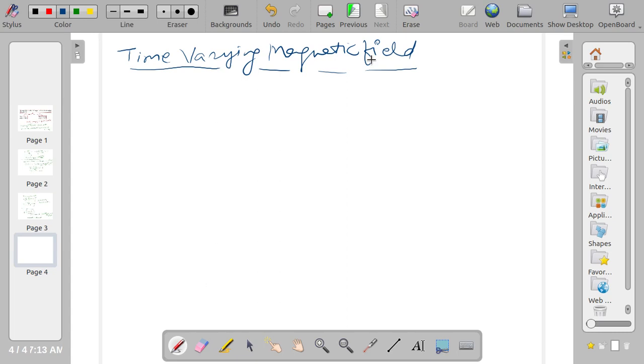Consider the equation ∇ × E = -(1/c) ∂B/∂t. This is Faraday's law, or you can call it Maxwell's law.